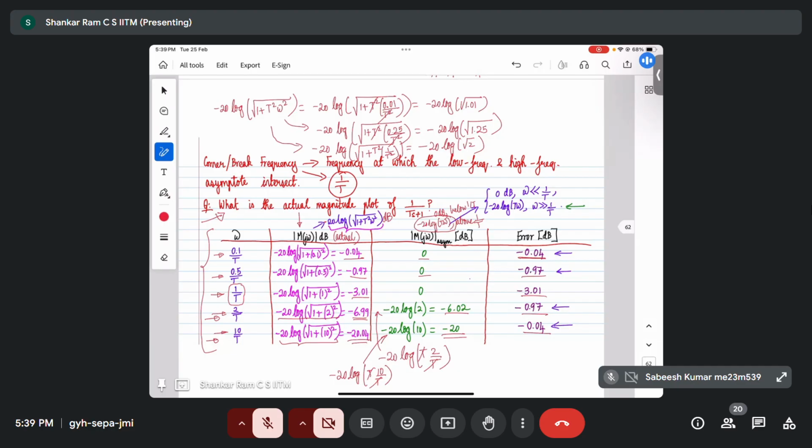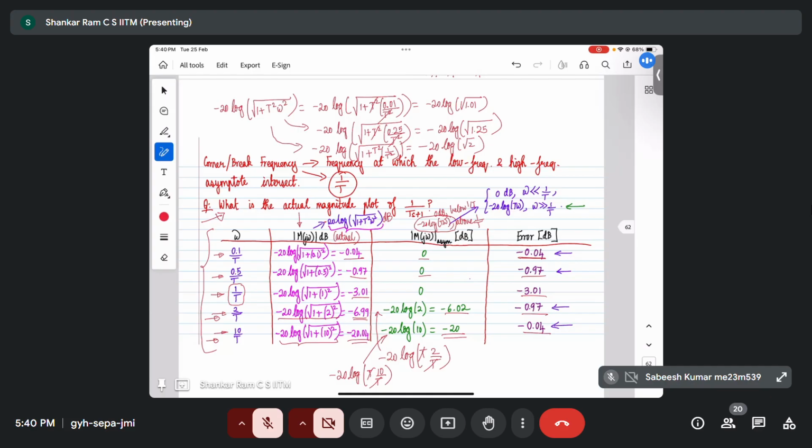Okay, so there are two observations. One is as we approach the corner frequency from either end, whether it's from low frequency or high frequency, the error between the actual and the asymptotic value keeps increasing, right?